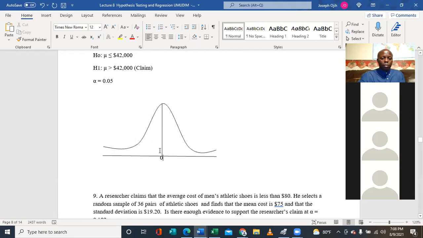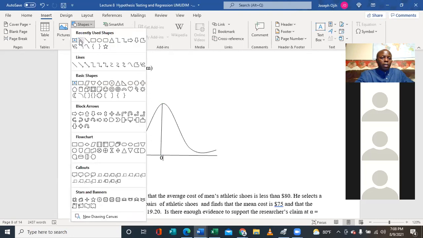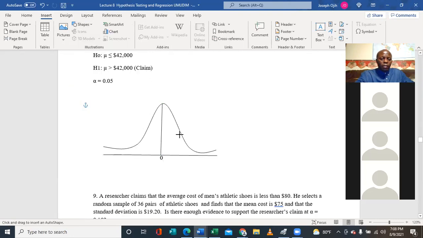Now, the critical value we are looking for should be on here.